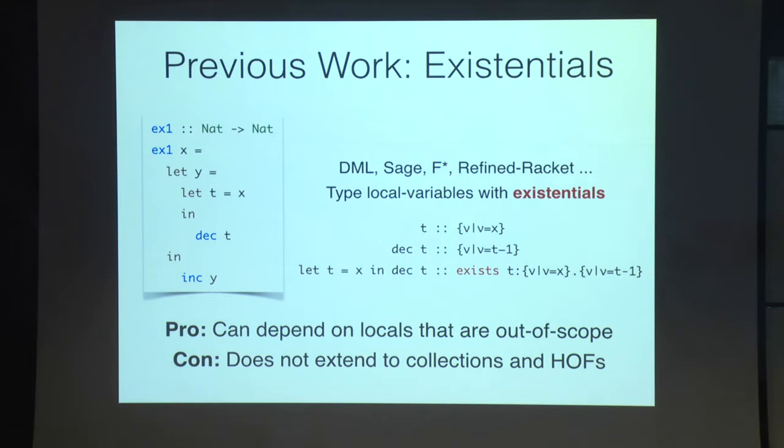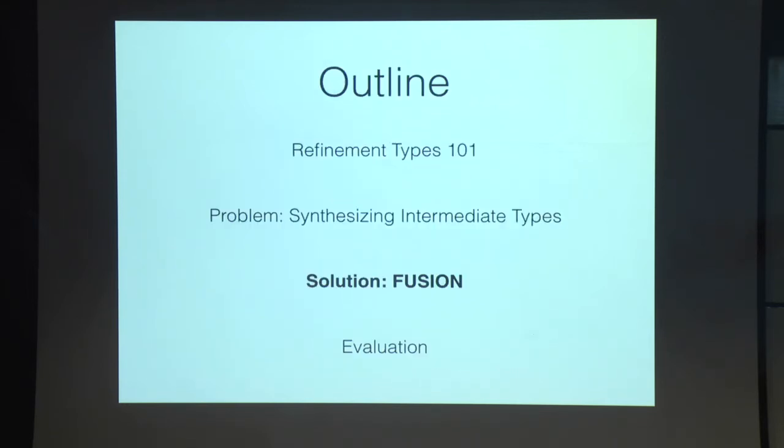And so now we can safely refer to t like that, as long as it's wrapped with this exists. So we can handle local variables like this, but this doesn't extend to the other examples with collections and higher order functions. So here's our solution.